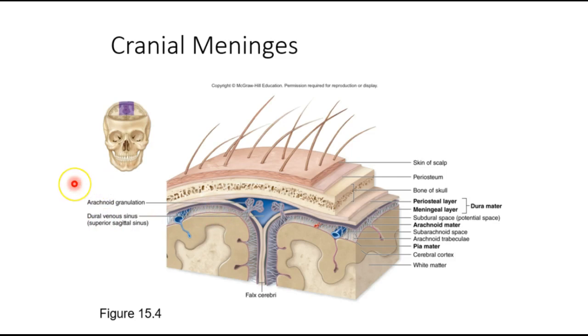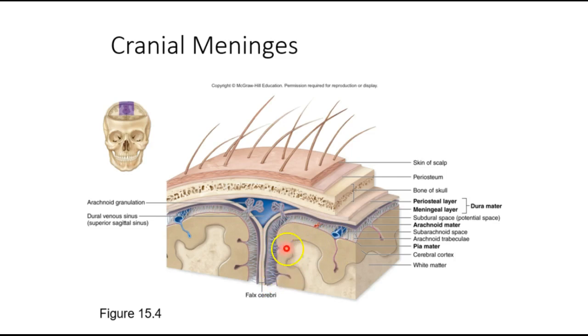Okay, here's one image of cranial meninges. So as we go from superficial to deep, you start with your skin, then you have superficial periosteum around that cranial bone. Then you have the deep periosteum, and then you have your dura mater, your arachnoid mater, and your pia mater is specifically adhered to the surface of your brain.